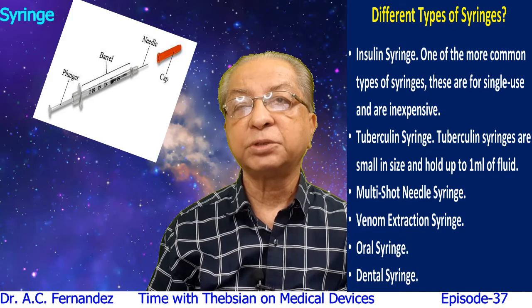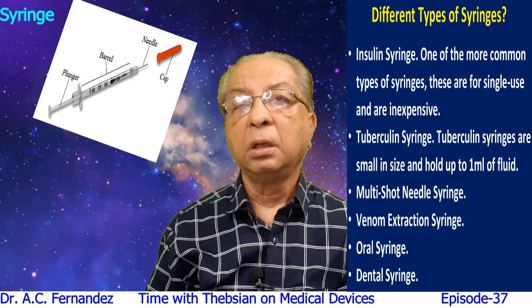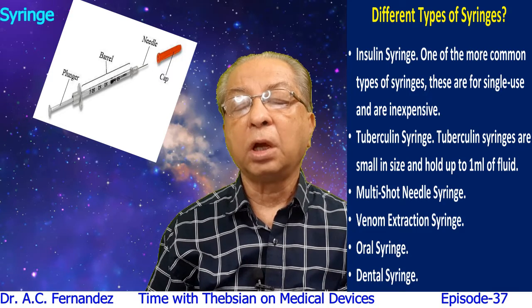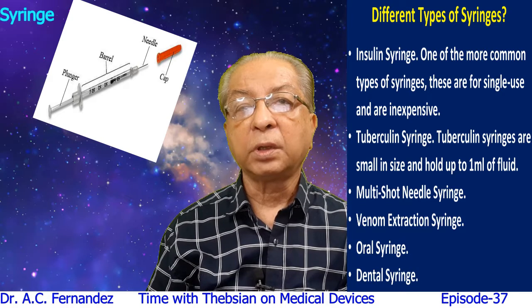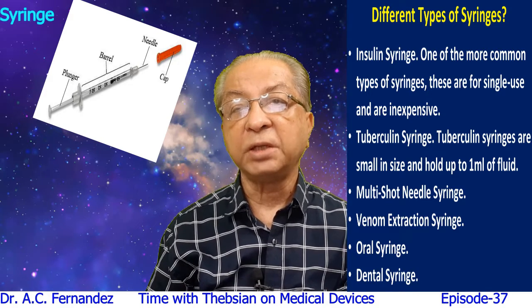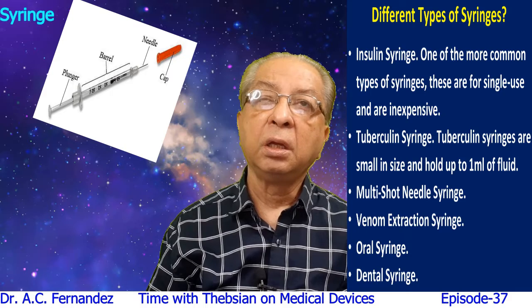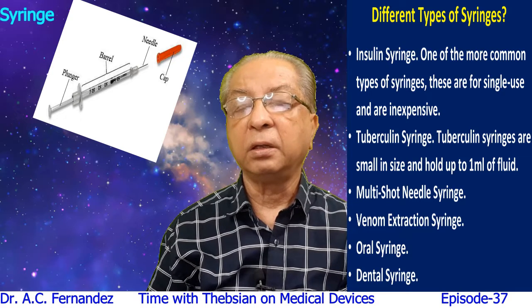The contents are simply squirted into the mouth of the person. Oral syringes are available in various sizes depending upon the amount to be fed. You can use different sizes of syringes.